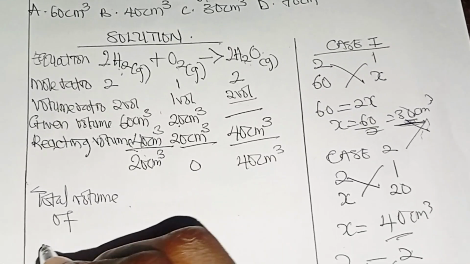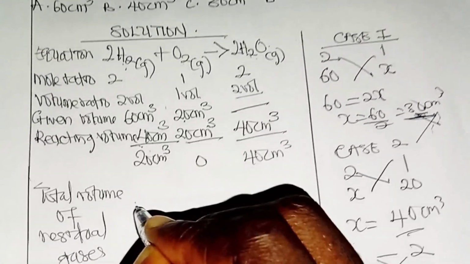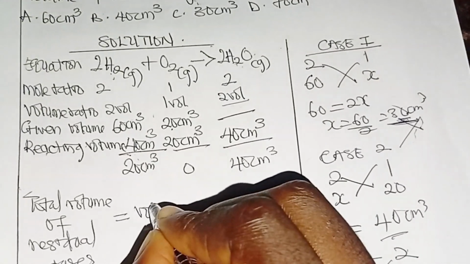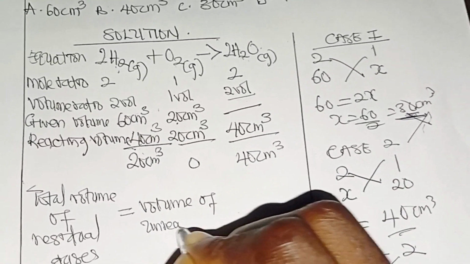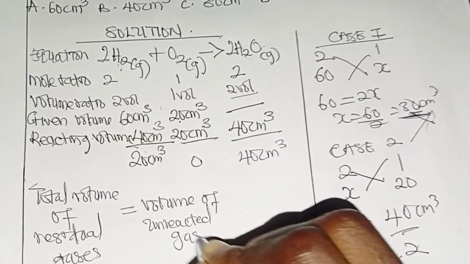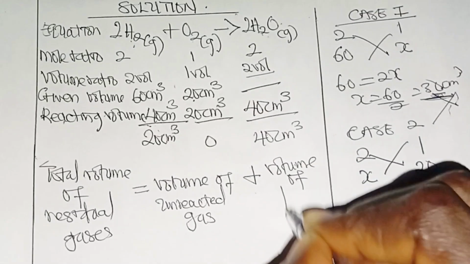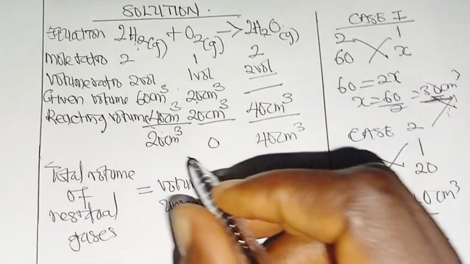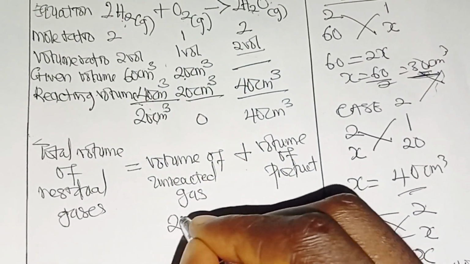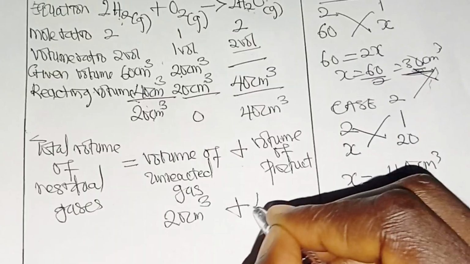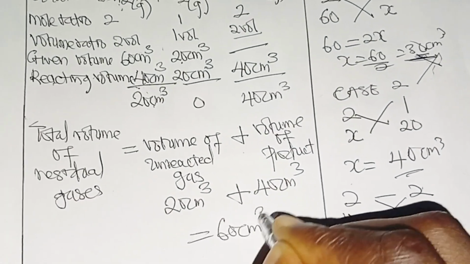Total volume of residual gases equals volume of unreacted gas plus volume of the products. What's volume of unreacted gas? 20 cm cube, right? That's volume of leftover gas, plus 40 cm cube, volume of the product, to give us 60 cm cube.